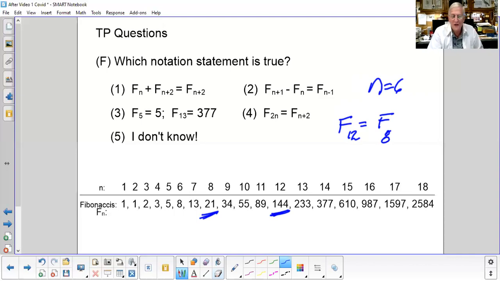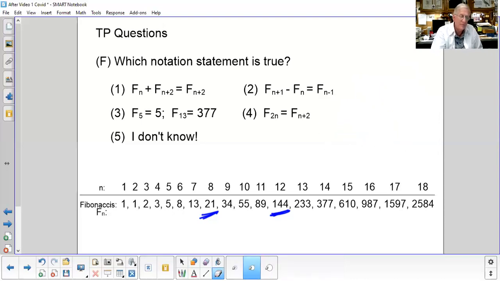But just for curiosity's sake, or just to have you think a little bit, is there a value for n where the statement would be true? Well, as it turns out, if n was equal to 2, then it would work.